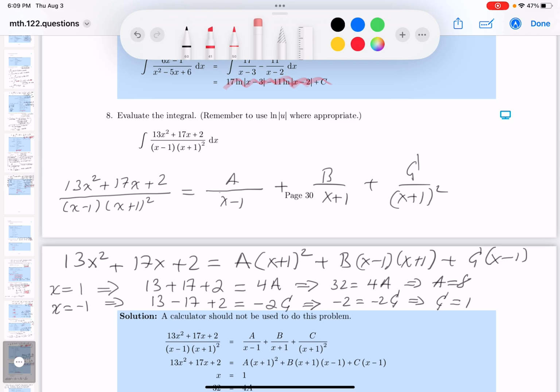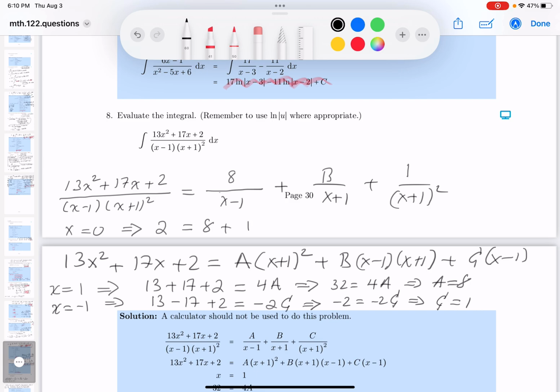Now I'm going to start to erase things. I know A is 8, and I know C is 1. I don't know B yet, though. So I'm going to say x equals 0. Well, on the left side, that's 2. On the right side, a little more complicated. A is 8, and if I chose 0, 0 plus 1 is 1, and 1 squared is 1.